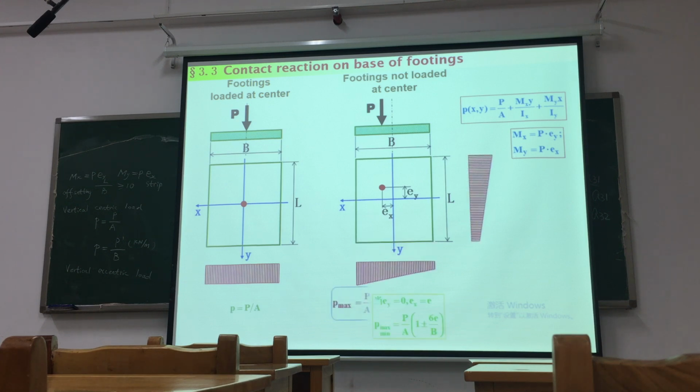And for one direction offset, maybe ex equals e and ey equals 0.